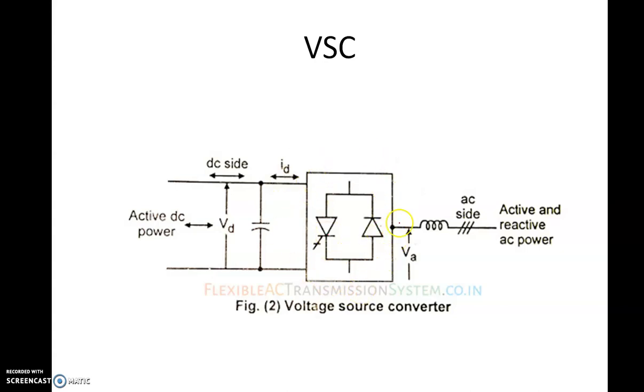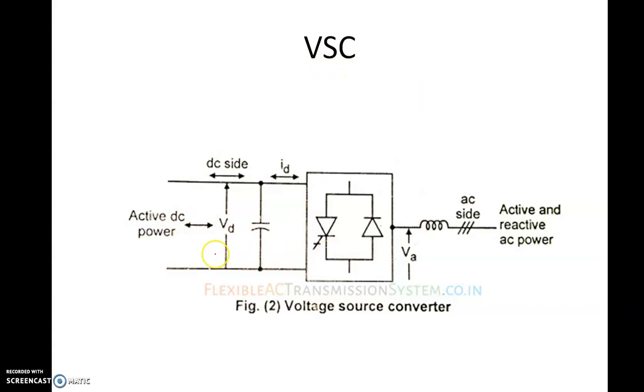For example, this box represents the voltage source converter. So what are the characteristics of the voltage source converter? There are two sides of any converter. One will be a DC side, another will be the AC side. In a voltage source converter, on the DC side, we have a capacitor, and on the AC side, we have an inductor which is connected.